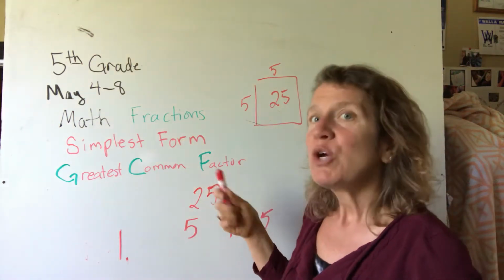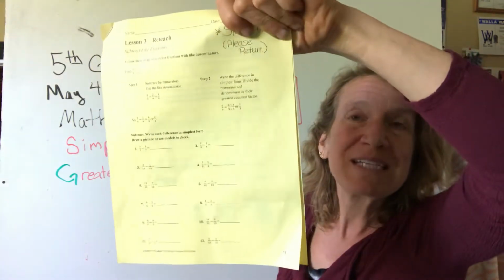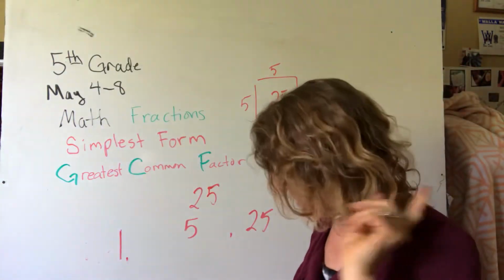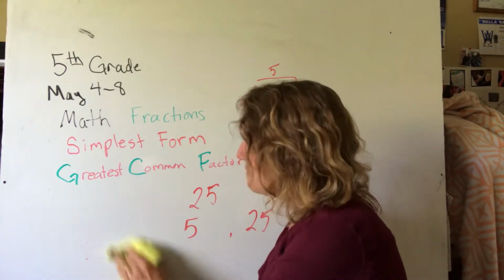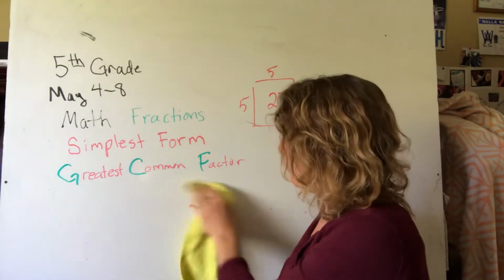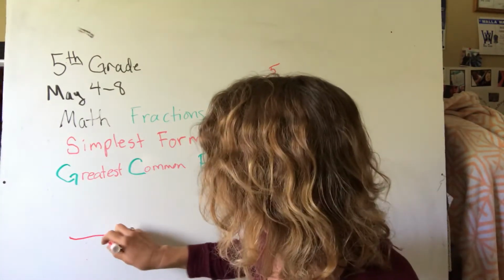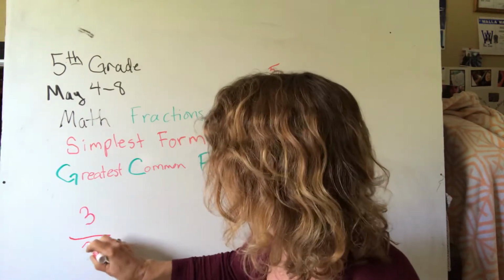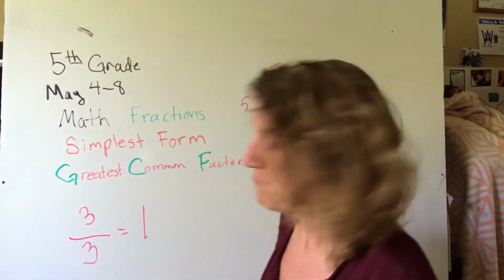Factors, we can go back and look at our answers and find some greatest common factors. One more bit of information before we do this. Back when I did my fraction video, I was telling you guys that anytime the numerator, the number on top, equals the denominator, that fraction equals 1.